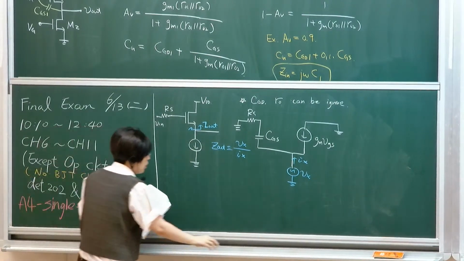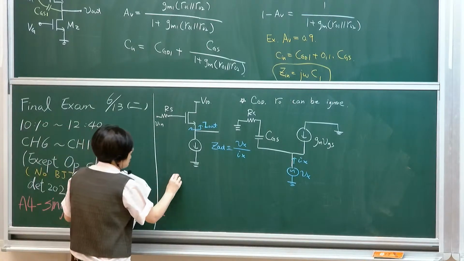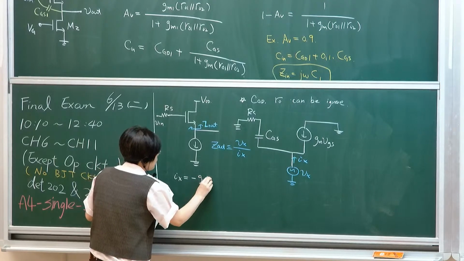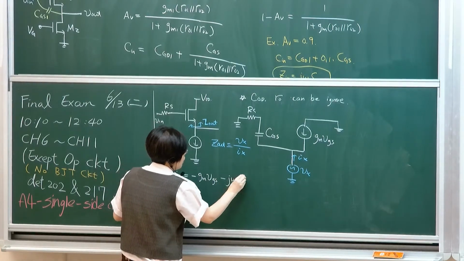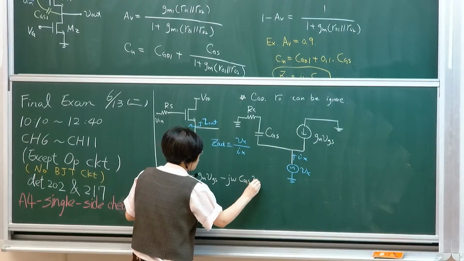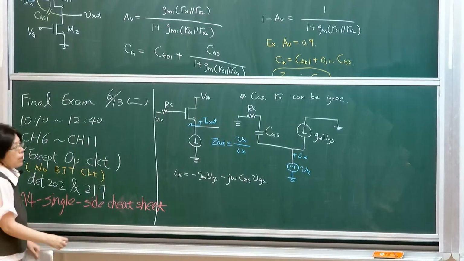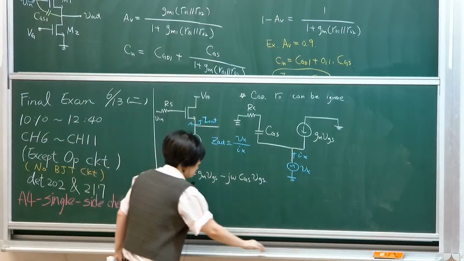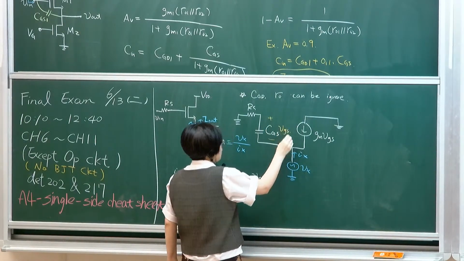So simply, I'm just going to write down the derivation. Your current has two branches: minus gm VGS in the reverse direction and minus j omega charging current. That's Ix. And then if you want to look at Vx, this is VGS. Okay?